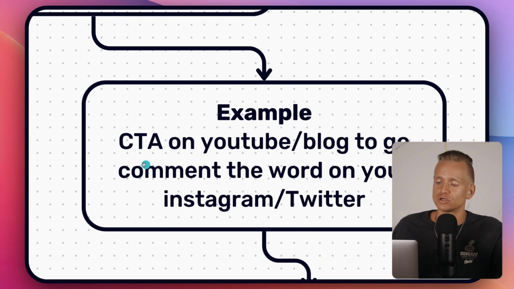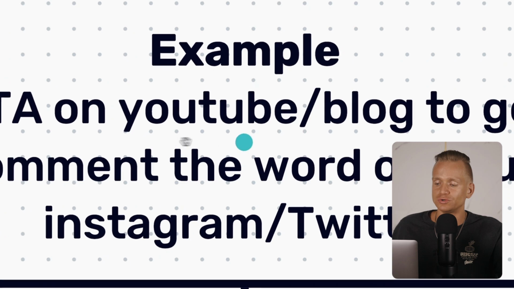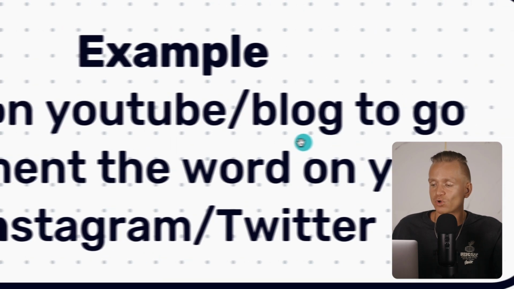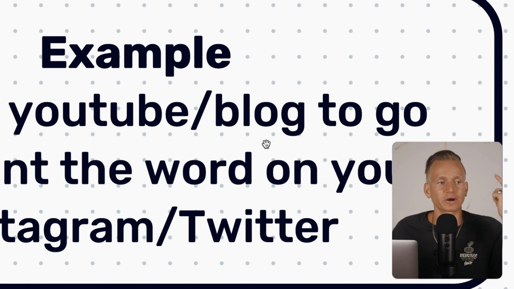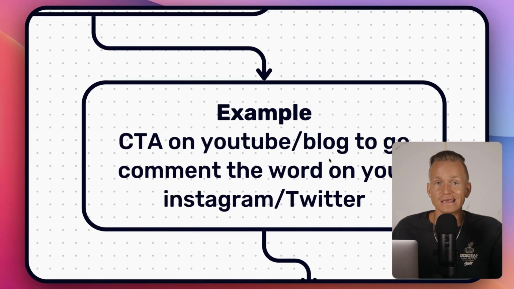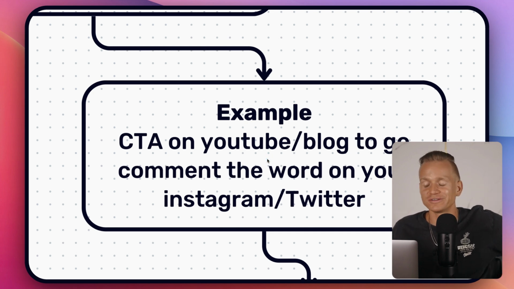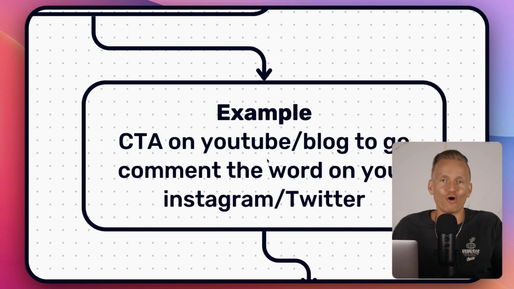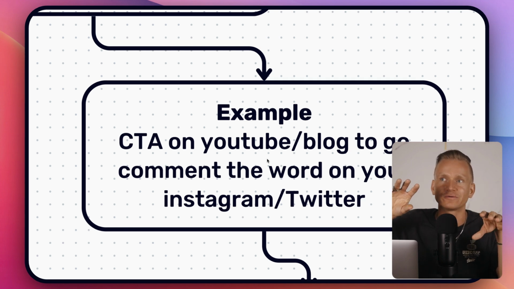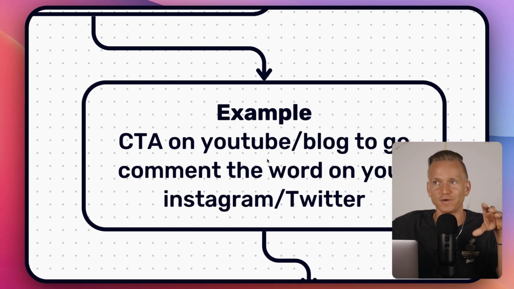So if I want to use this on my YouTube videos, or on my blog, or perhaps in my emails, what I do is, if you go under this video, there is going to be a specific keyword that you can leave on my Instagram or Twitter, or LinkedIn, it kind of depends. I do it differently on different platforms for different things.